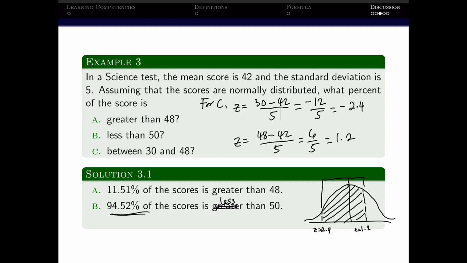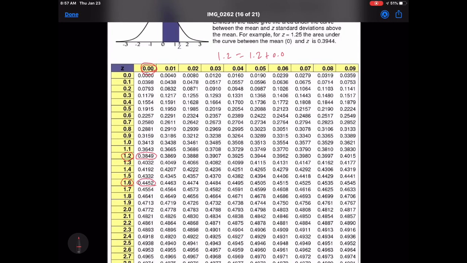So let's go to our table. Negative 2.4. Again, you can disregard the negative. So that's 2.4 and 0, so that's here. I just have to reiterate that it's not always 0. It just happened that in our examples we have to use 0. It could be 0.01, it could be any of these numbers here.